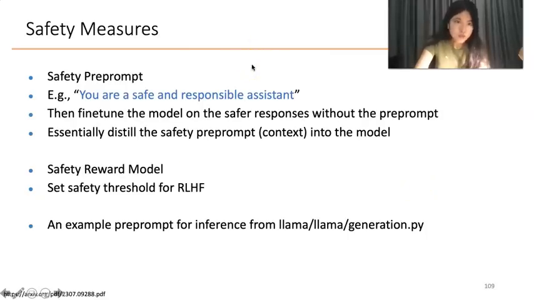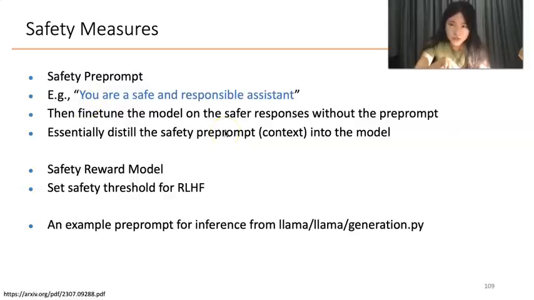As for safety measures, since Llama 2 emphasizes safety a lot, it uses various methods to ensure safety, including adding a safety pre-prompt to generate your supervised fine-tuning data, and also in your inference. For example, you can add this pre-prompt of "you are a safe and responsible assistant," and then fine-tune the model on the safer responses without the pre-prompt.